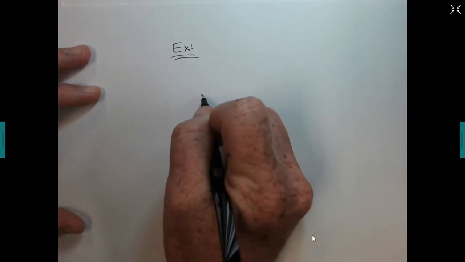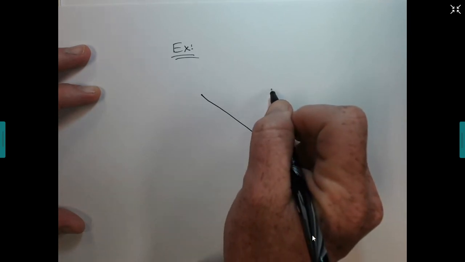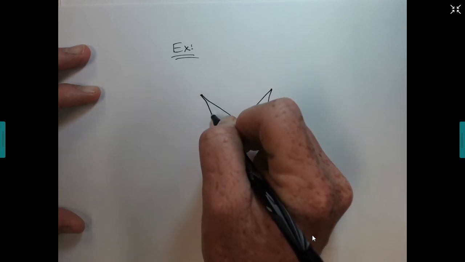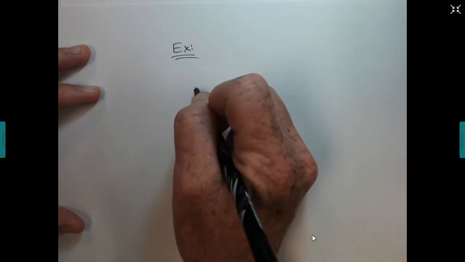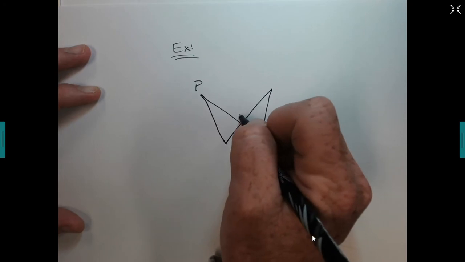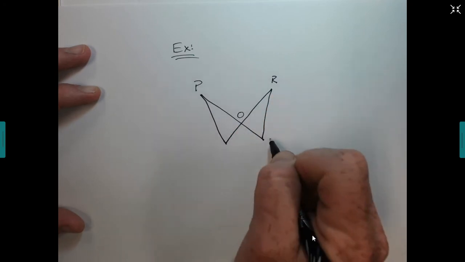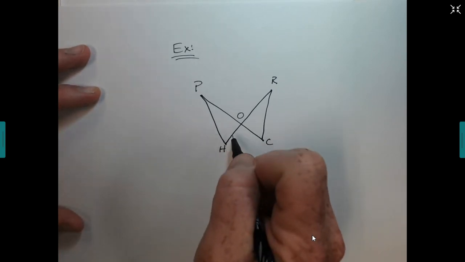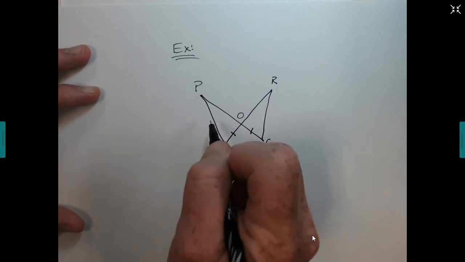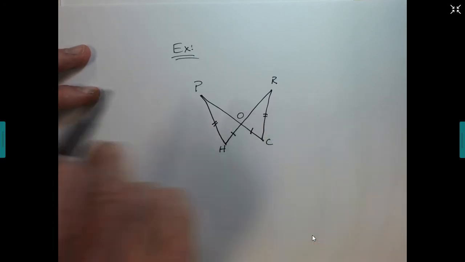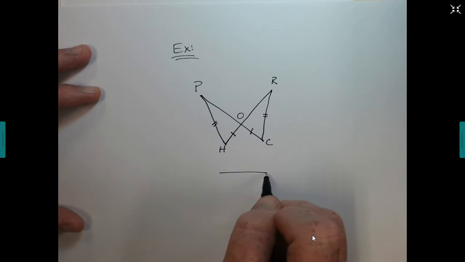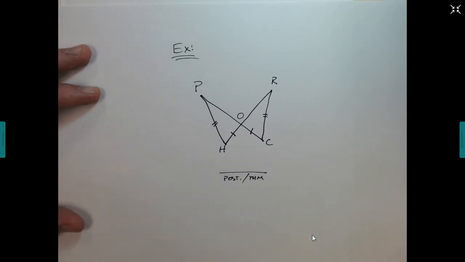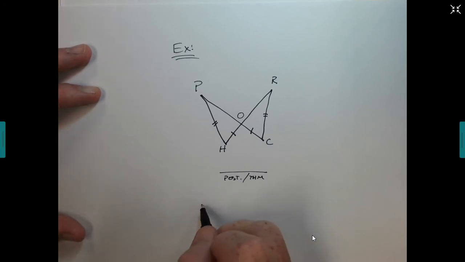All right, let's look at an example like this that we've kind of seen before. Let's say that I know these 2 sides were congruent, and I knew these 2 sides were congruent. The question is, which one of our postulates and theorems may we use to prove congruence?